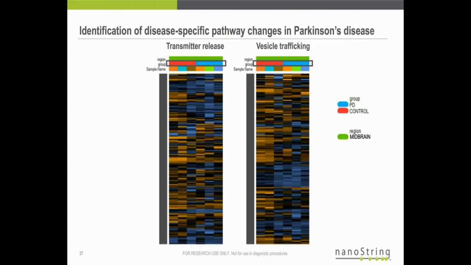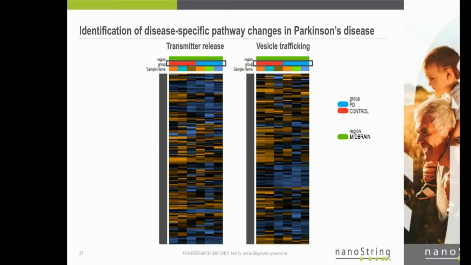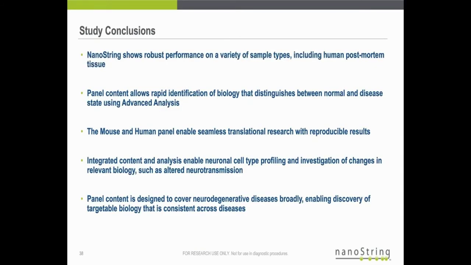Throughout this presentation, you've seen that NanoString shows robust performance on a variety of sample types, including post-mortem human tissue, and that using our pre-curated gene content, you can rapidly identify biology that's differentiating normal samples, whether it's patient or mouse samples, from those of diseased patients or mice using our advanced analysis software.